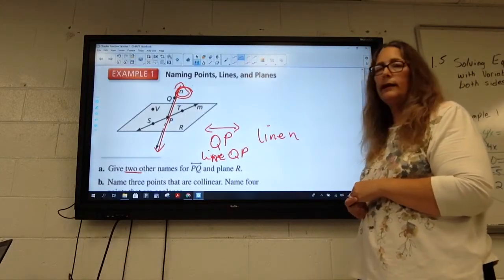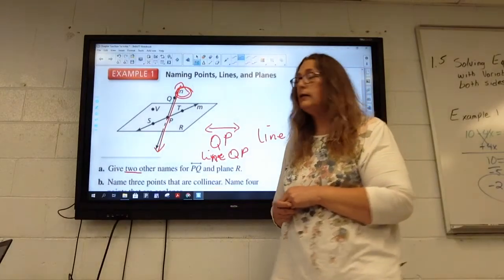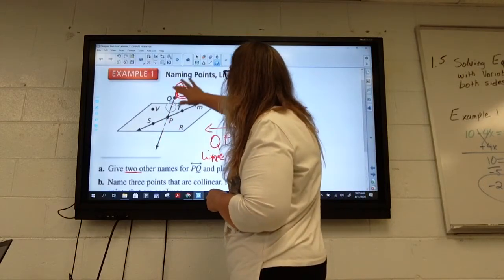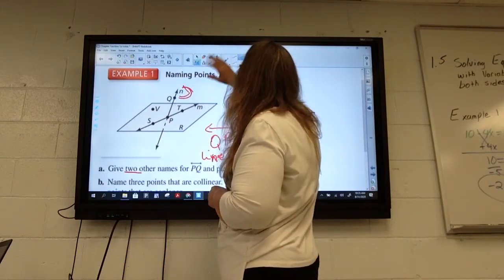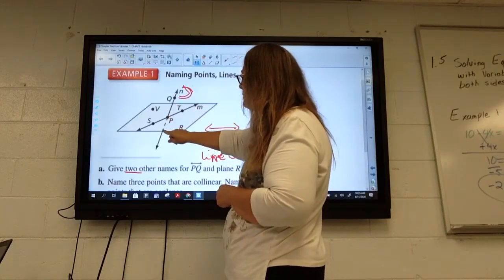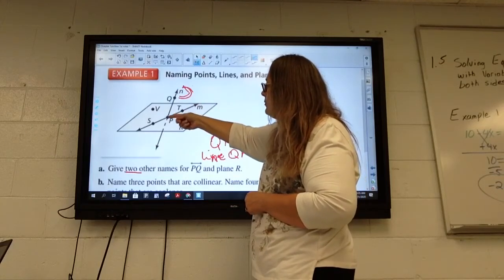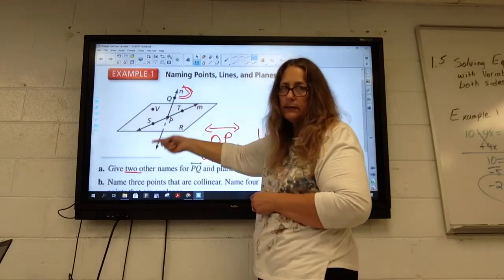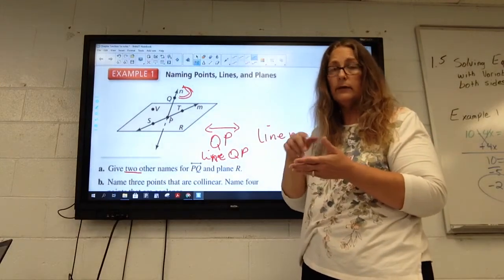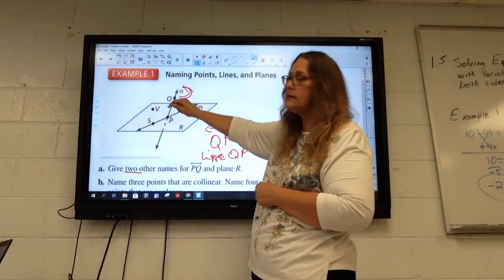We want to name plane R, and from the definition, we need 3 points that are not on the same line. Now, let's talk about this real quick, because there's some things on here we need to look at. See how this is a solid line, and then it dots, and then solid again? That means that we see this here, we don't see it here, but it's still there. It goes behind it. So this is like a pencil going through a piece of paper. So we cannot use Q when you name this.